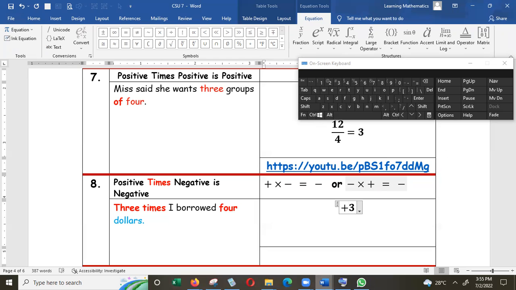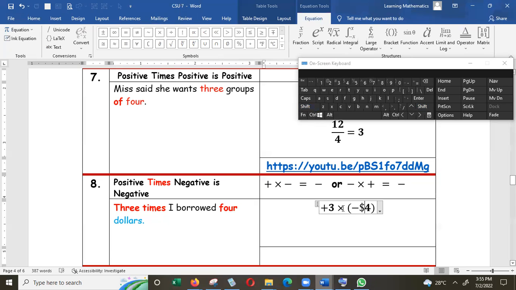So a positive 3 times, the symbol for times is the multiplication sign. I borrowed $4. Borrowed $4 is negative, the minus sign. So this can represent the symbolic translation of those words there.